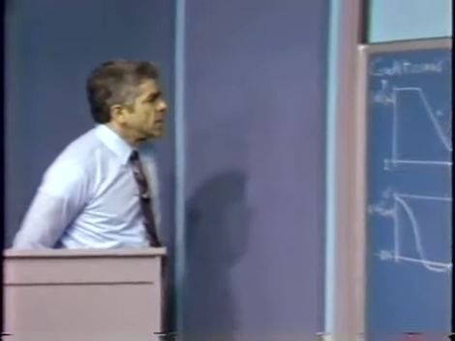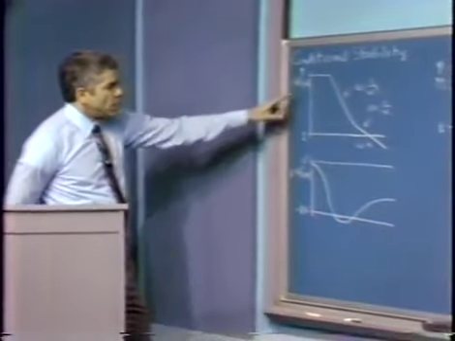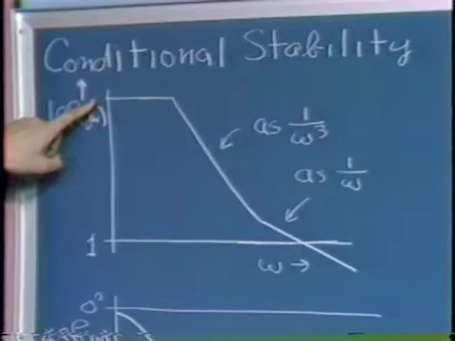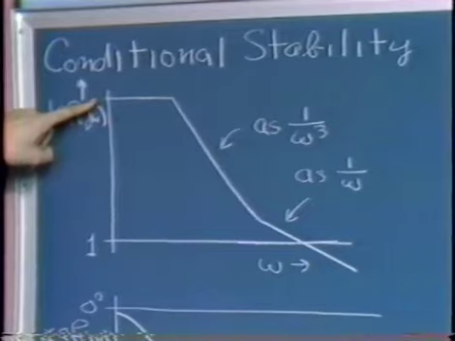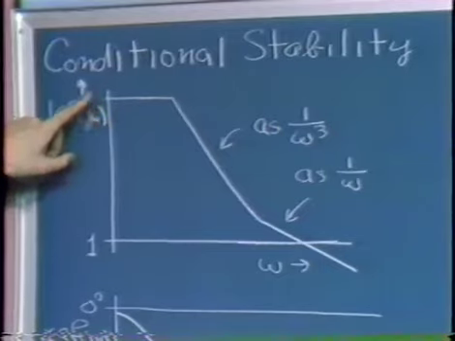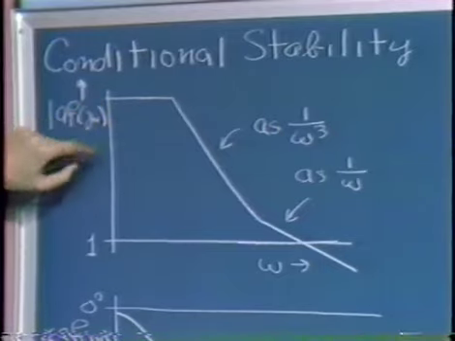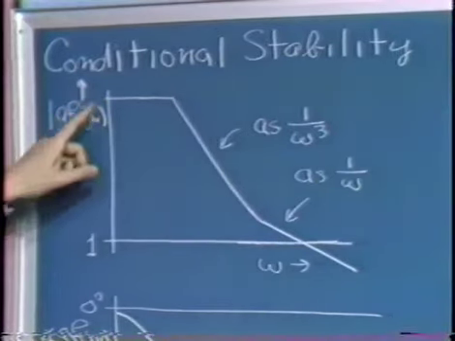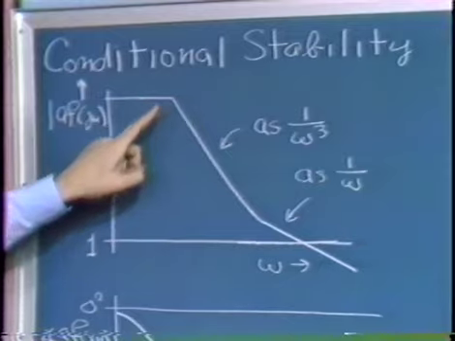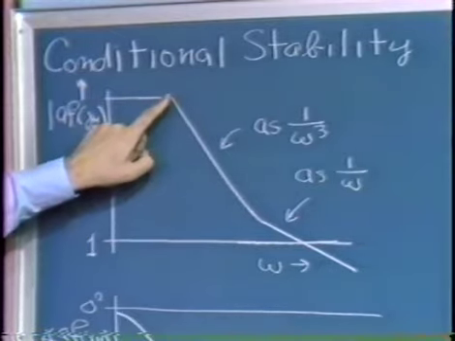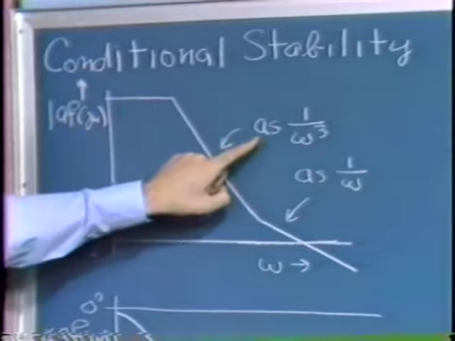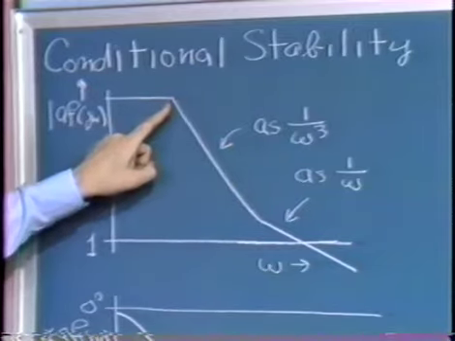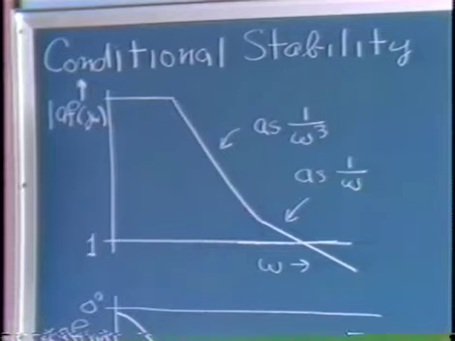Let's consider, as an example, a Bode plot with magnitude characteristics as shown. Here we start out at some high value for the negative of the loop transmission magnitude at low frequencies, and I've assumed that we have 3 coincident poles. Thus, there's a region where the magnitude versus frequency characteristic falls off as 1 over omega cubed.